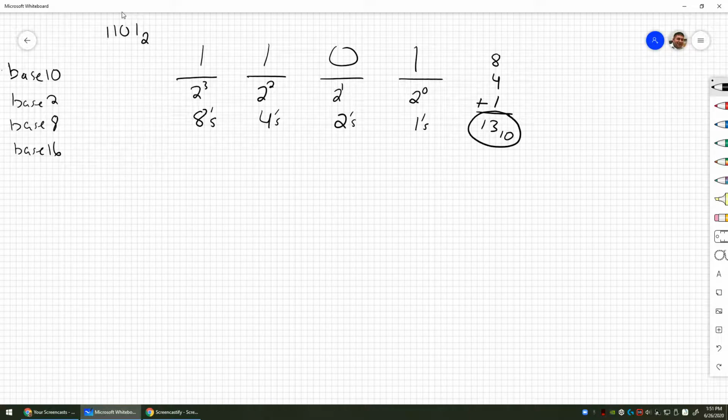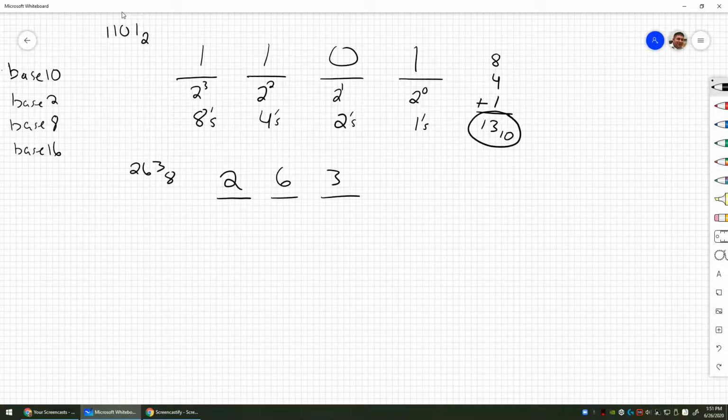So let's come up with a base 8 number. Let's use kind of a bigger one. Let's do 263. Now this is going to be base 8. So here's how this would be written.